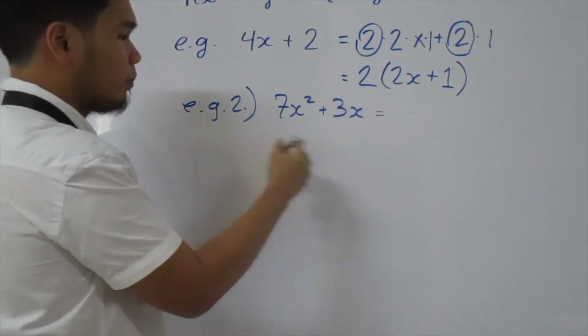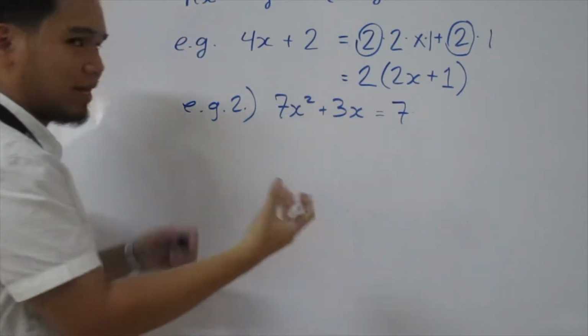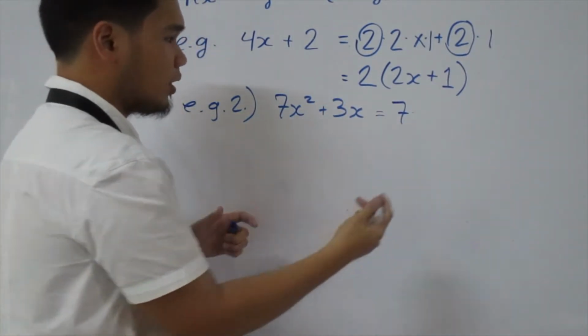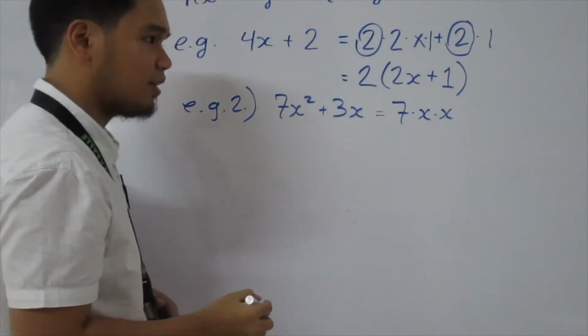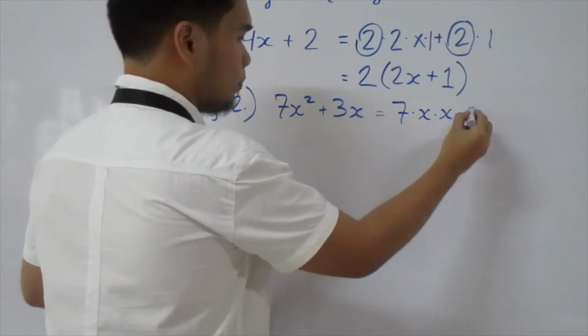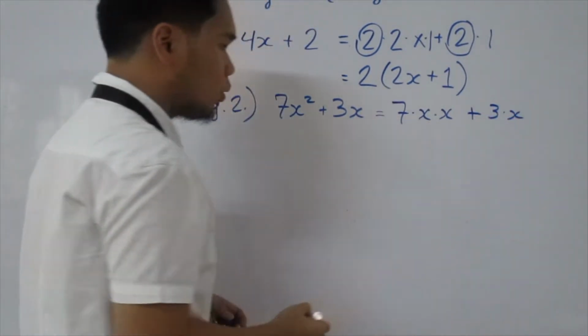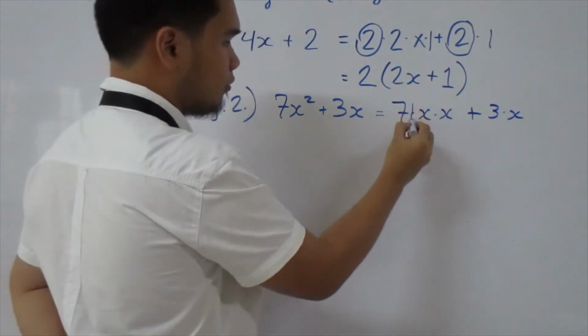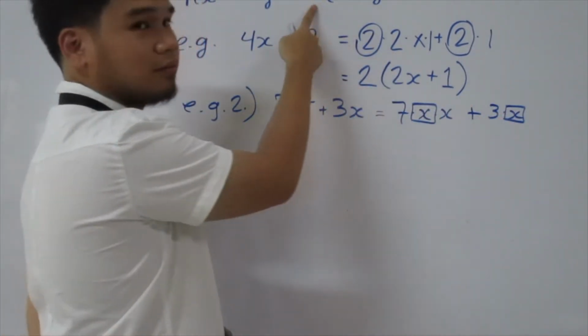Since 7 is a prime number, just copy 7 there. Imagine x squared is like multiplying x by itself, so we can picture this as 7 times x times x. Plus, we have 3x, so 3 times x. Notice we have a common factor of x over here. That will be our n.